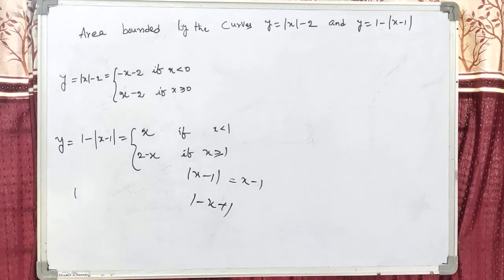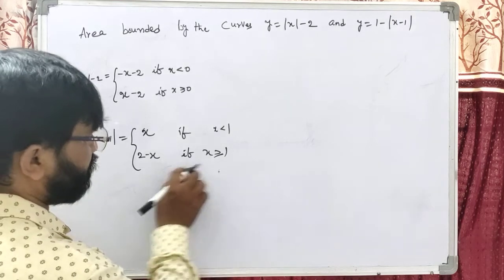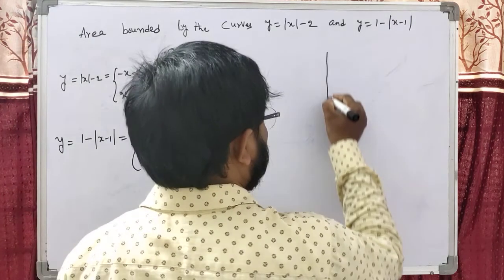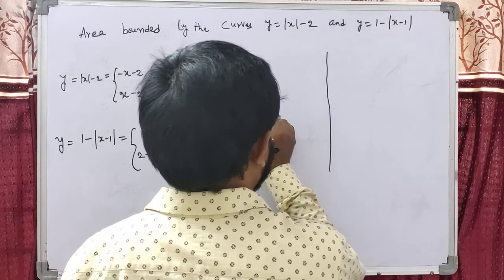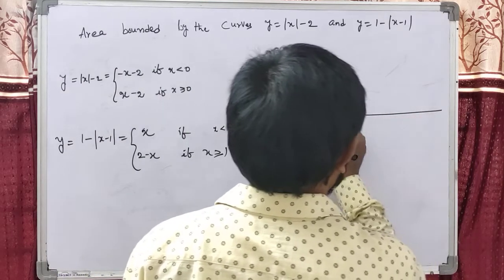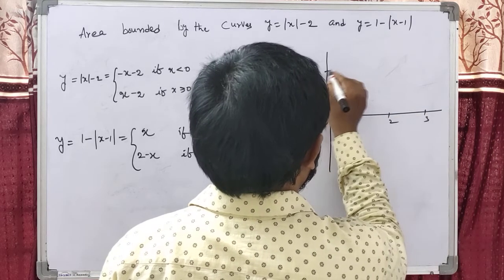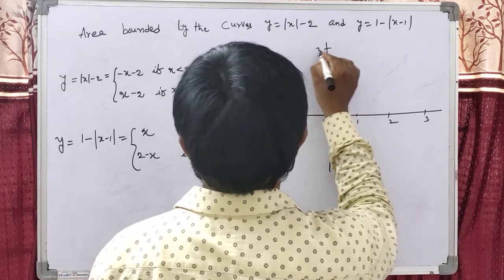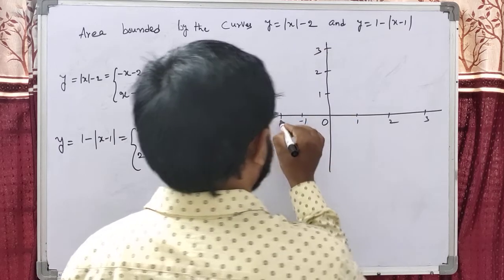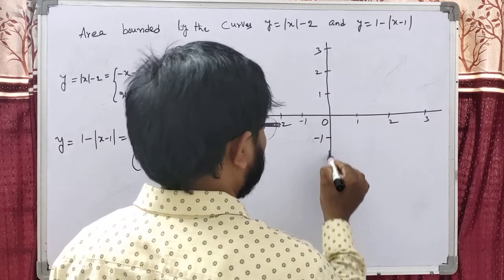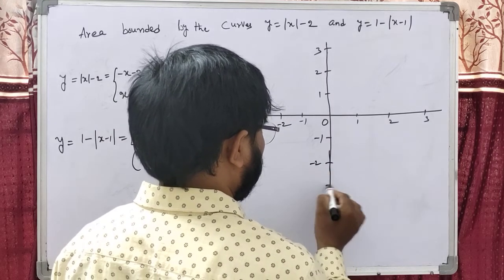How to draw the graph, students? First of all, you can observe here, students, this is 0, 1, 2, 3, and minus 1, minus 2, minus 3.